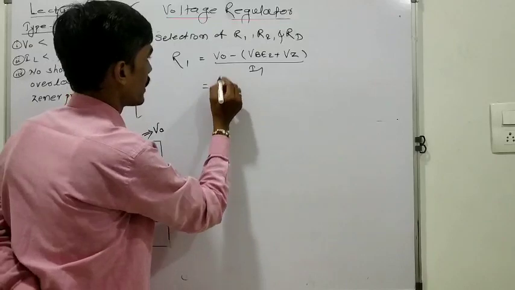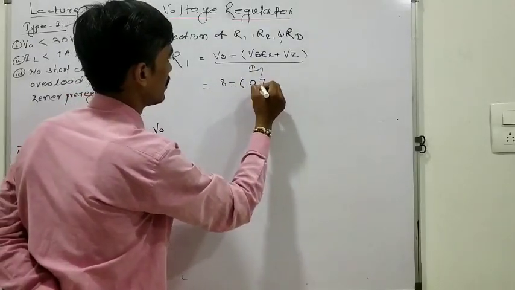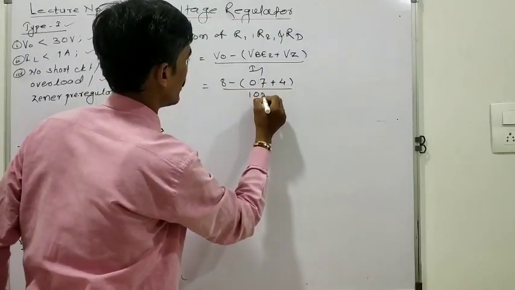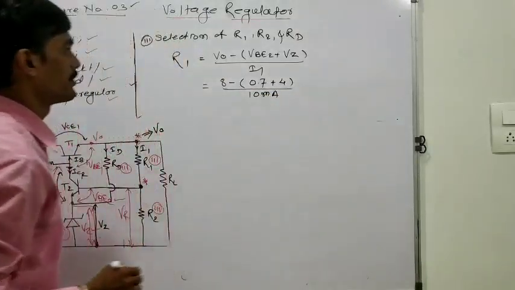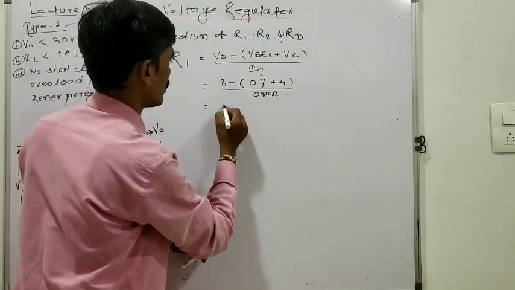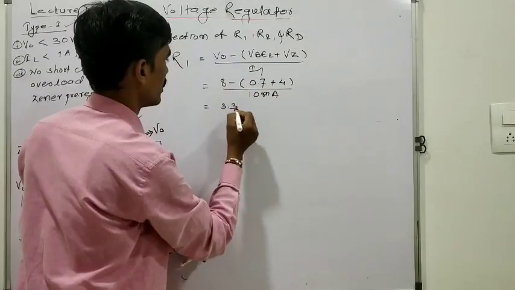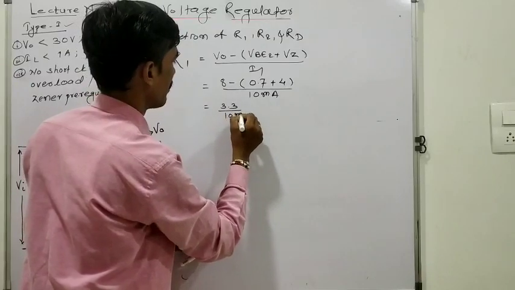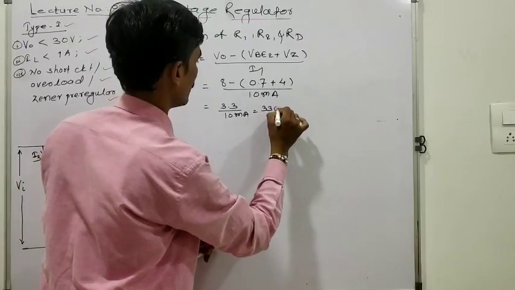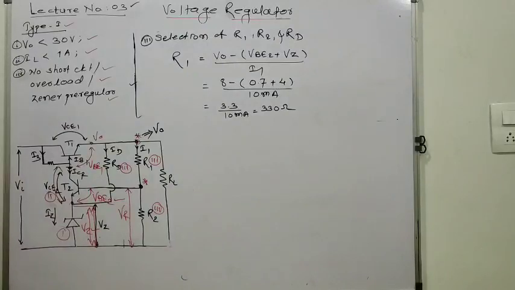We just put it in: VO is 8 volt minus 0.7 plus VZ 4, divided by 10 milliampere, which we already assumed as 2% of the load current. So it is 8 minus 4.7, that is 3.3, divided by 10 milliampere. So it is 330 ohm. This is the value of R1.